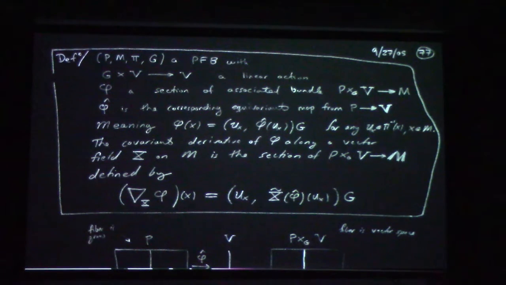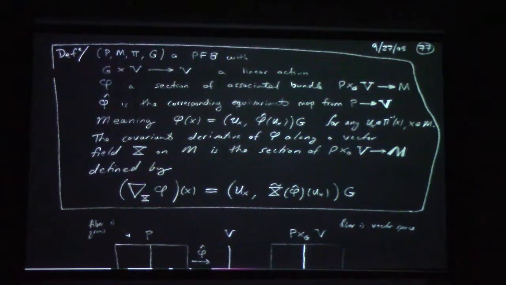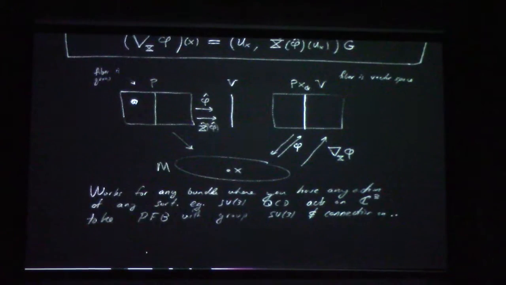Oh, maybe here's a picture. I'll admit it takes a while to really understand these things, but they're very interesting, I think. So this works for any bundle where you have any action of any sort. For example, SU3 and QCD on complex 3 space, that would be your vector space. You take a principal fiber bundle with group SU3 and connections and so forth.